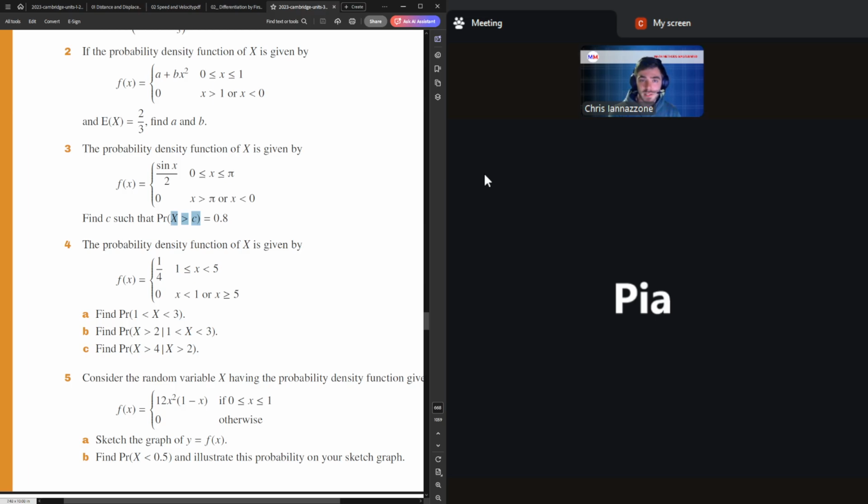Lower. Lower bound, exactly. So the way you would solve this is you would have c as your lower bound, pi as your upper bound, because that's given as part of the domain, and you make the integral equal to 0.8. Now in a tech-free way, you antidiff this, right? You do capital F of pi minus capital F of c equals 0.8, and then you try to solve from there. Did you get that far, or was that the issue?